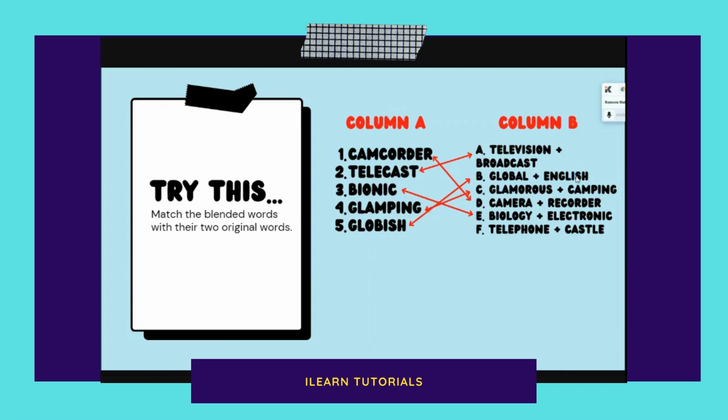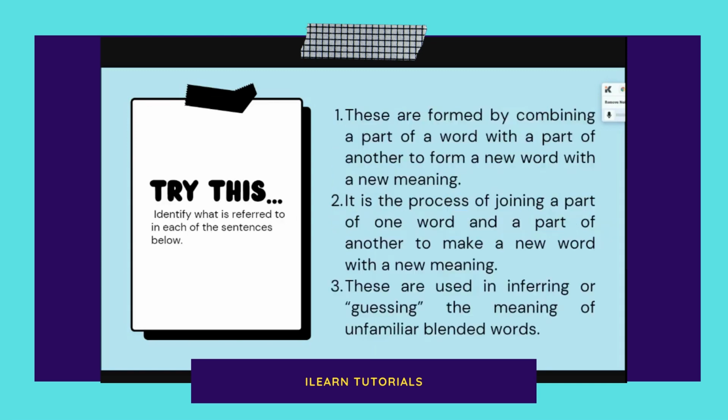All right, let's give a round of applause for ourselves for trying this activity. Good job, guys. To further check your understanding, you need to identify what is referred to in each of these sentences. The first one: these are formed by combining a part of a word with a part of another to form a new word with a new meaning. What do we call that?